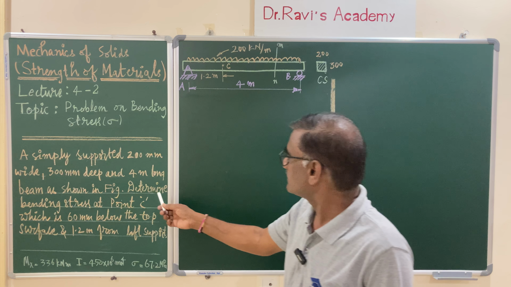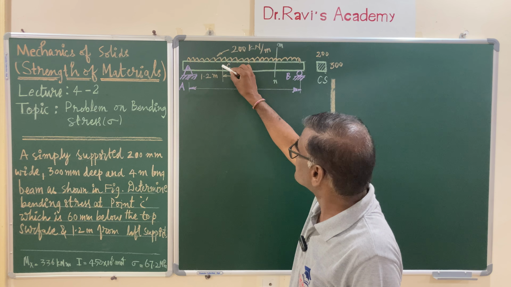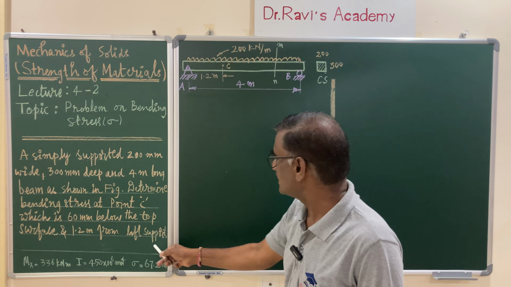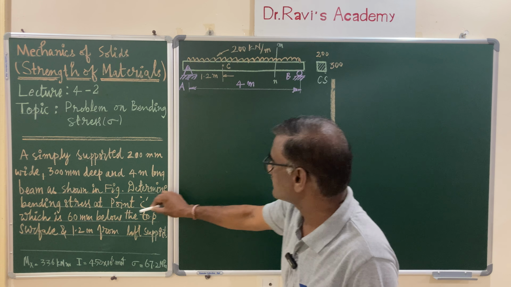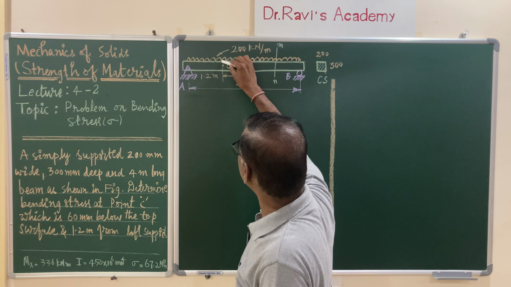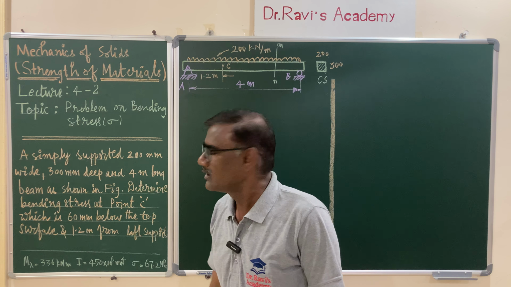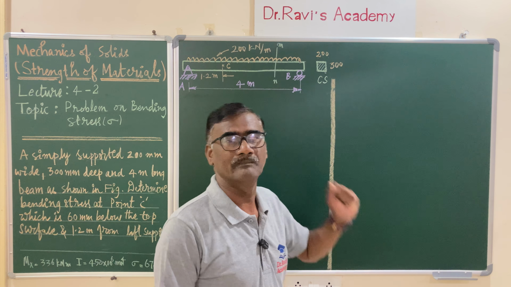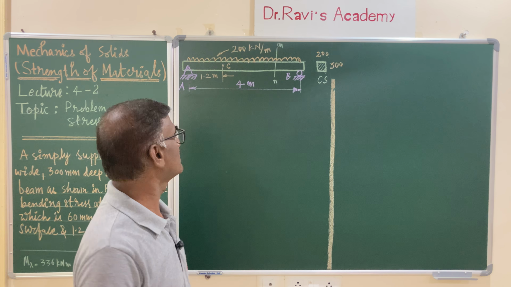He is asking you to determine the bending stress at point C. Point C is located at a distance of 1.2 meters from the left support, and the point is 60 mm below the top surface. So this particular problem we will be solving by using the bending equation.